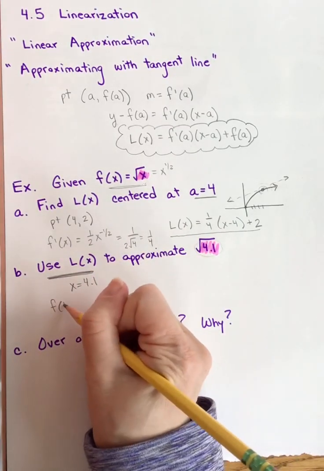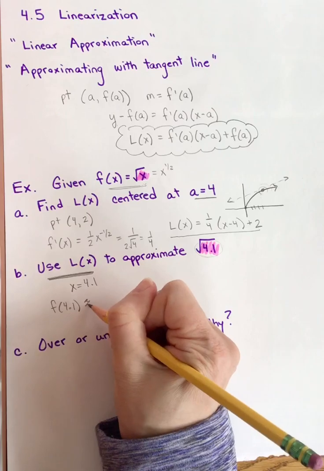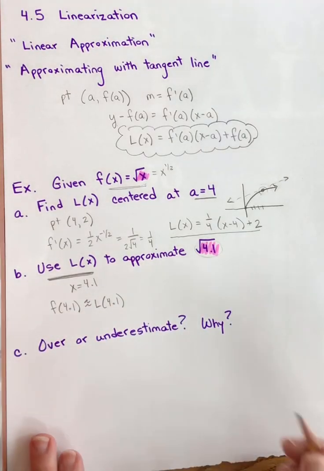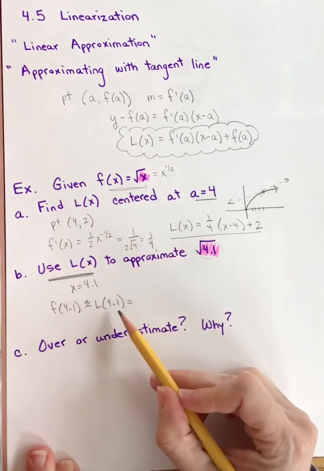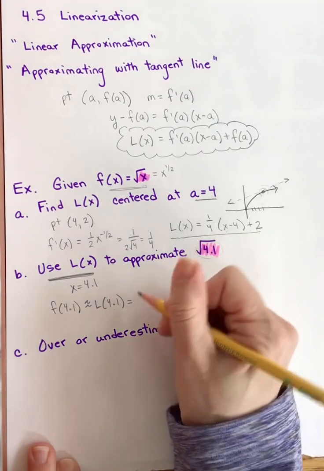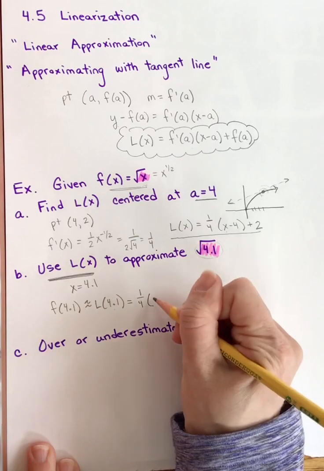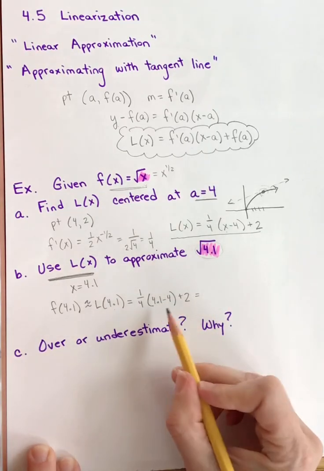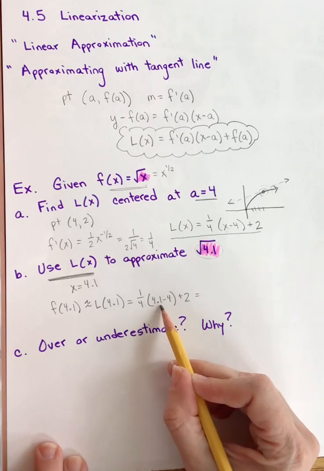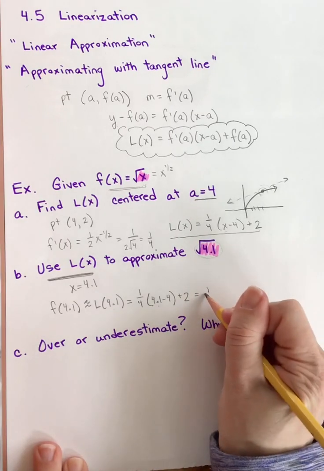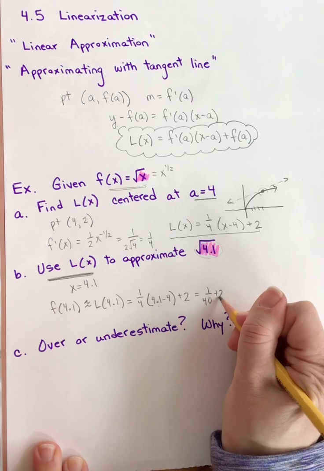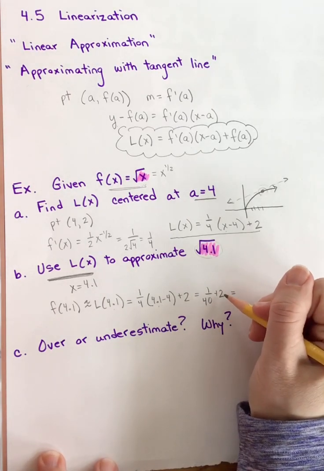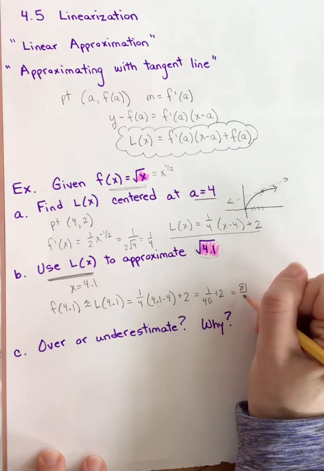F of 4.1 would be about L of 4.1. This is an approximation, which is exactly equal to what I get when I plug it in right here. I have 1/4 times 4.1 minus 4. I didn't get too far away from the neighborhood. This is 0.1 or 1/10. So I have 1/40 plus 2, which if I add that together, would be 81/40.